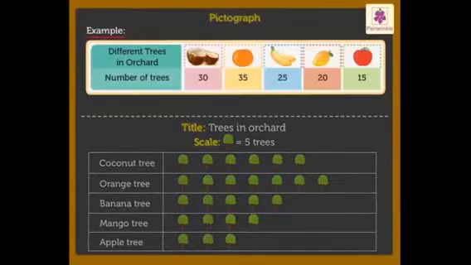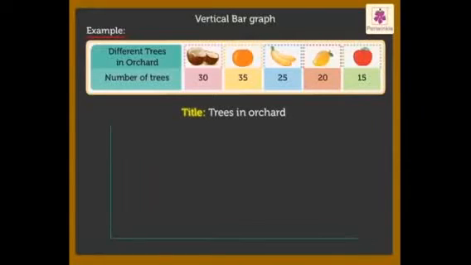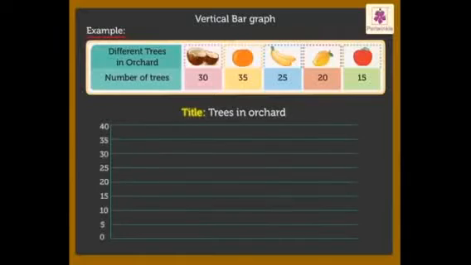Now, let us represent the same data in the form of a vertical bar graph. Step 1. Write a title explaining what is being represented. Step 2. Draw the horizontal and the vertical axis. Step 3. Mark the scales on the vertical axis, which represents the numerical data. Step 4.